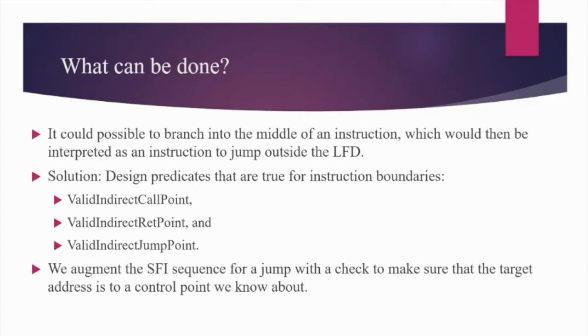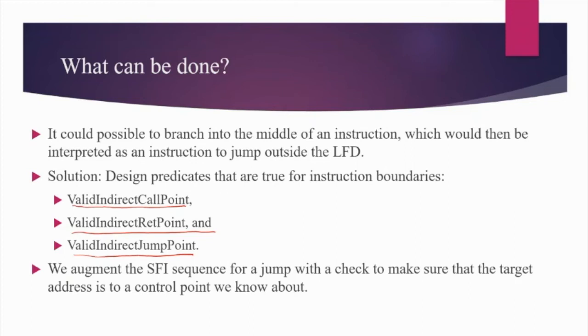Now we need some extra predicates to store what are the valid indirect call points, what are the valid indirect return points, and what are the valid indirect jump points. As discussed earlier, direct jumps do not create this problem, but there is a problem with indirect jumps, because at runtime you are converting that particular thing.